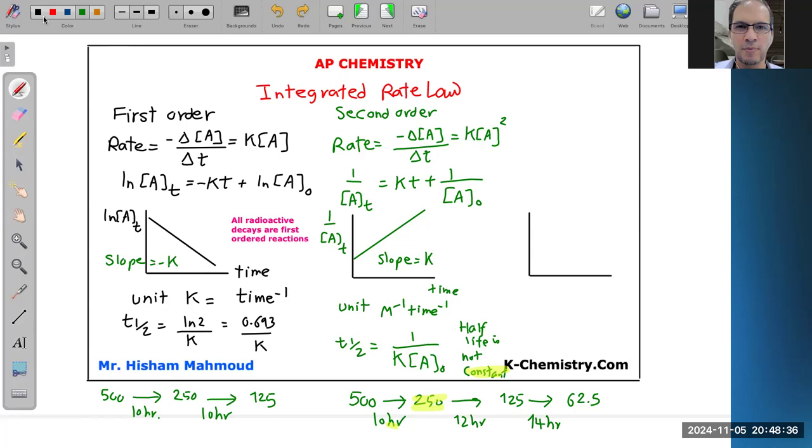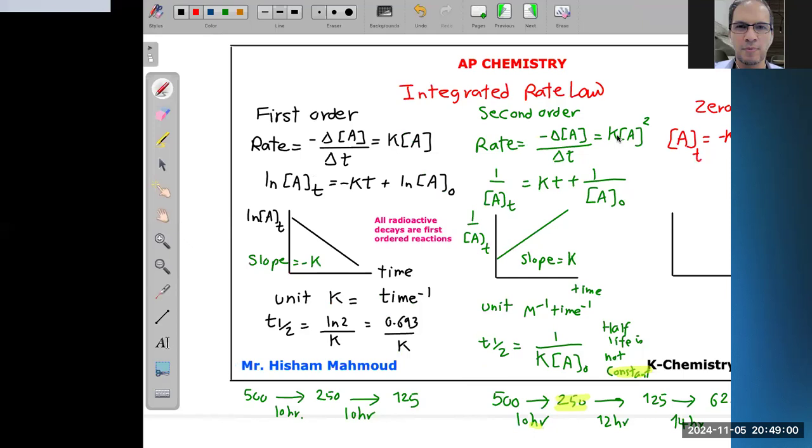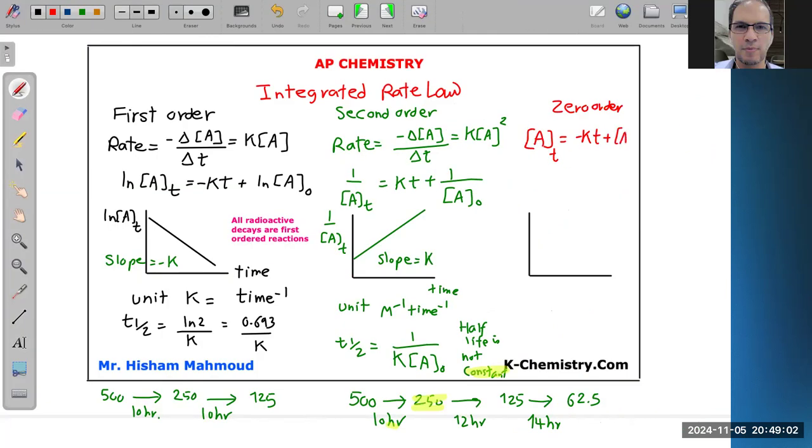The last one is the zero order. I will say now that the concentration at time t is equal to negative k multiplied by t plus the initial concentration.